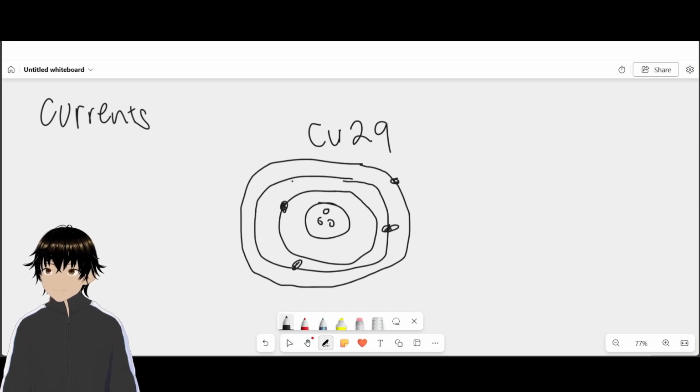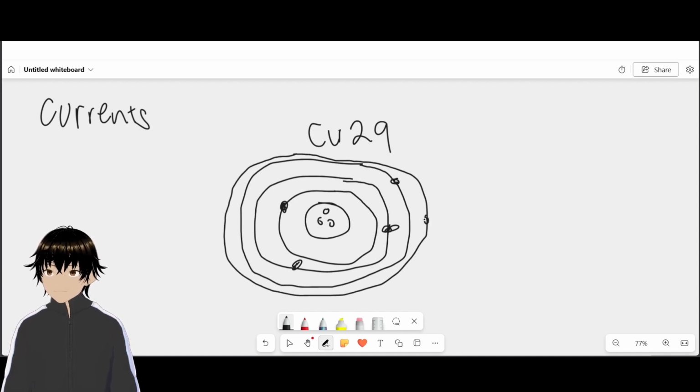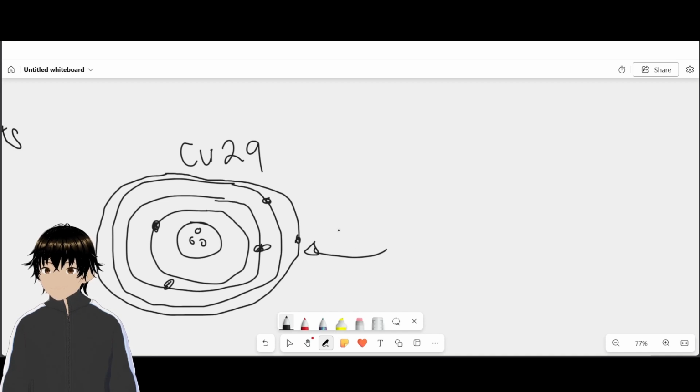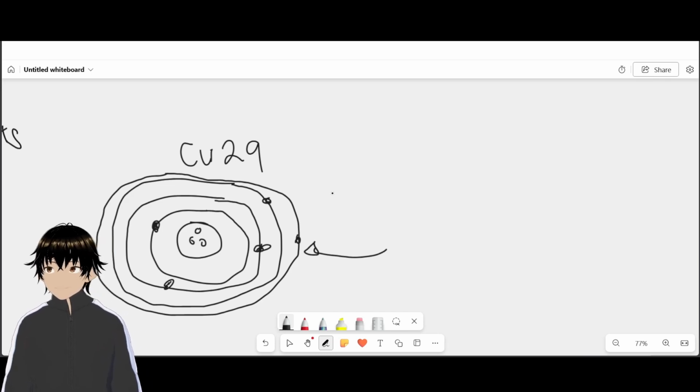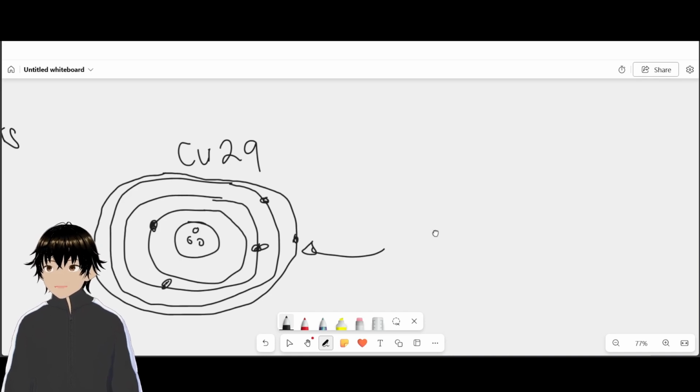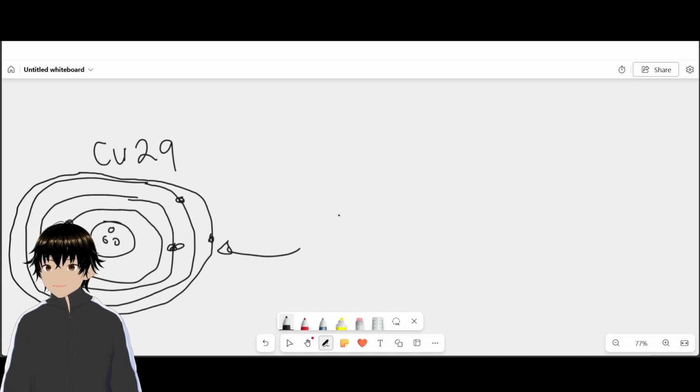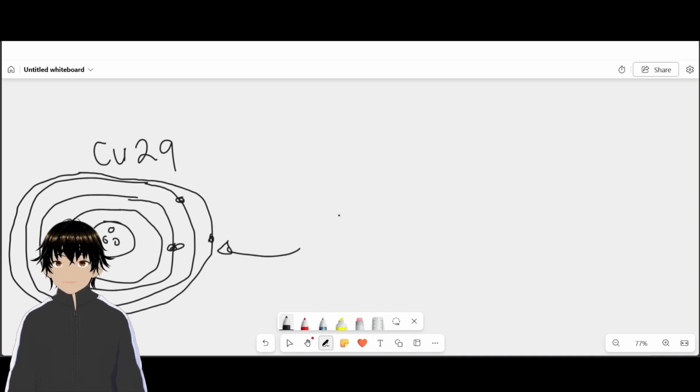Then we have the very farthest part in which the electrons could be located in this copper atom. That particular set of electrons is the one that could be easily extracted from the copper atom, and that's exactly where we get to the concept of currents.